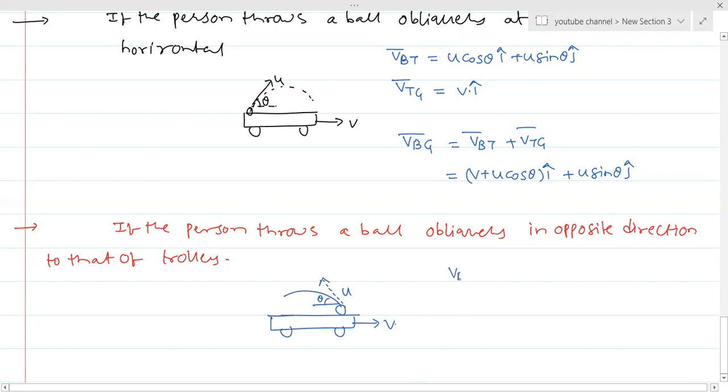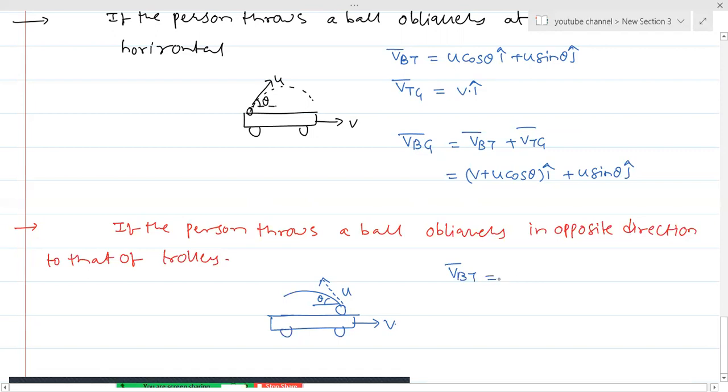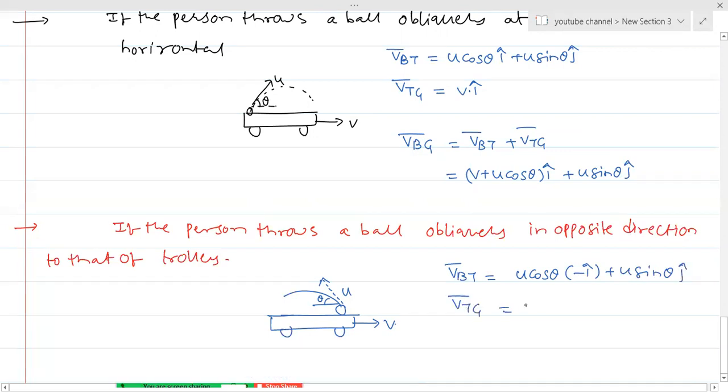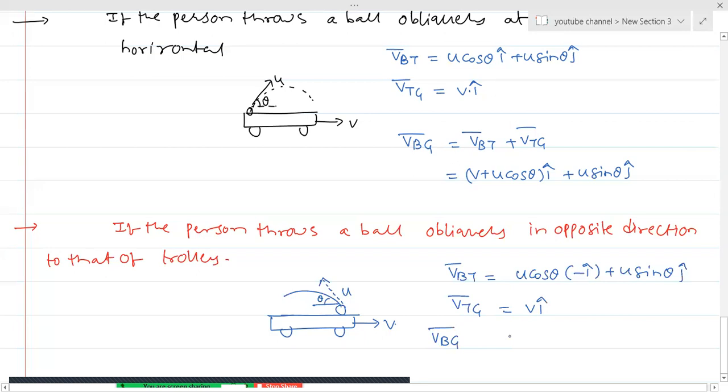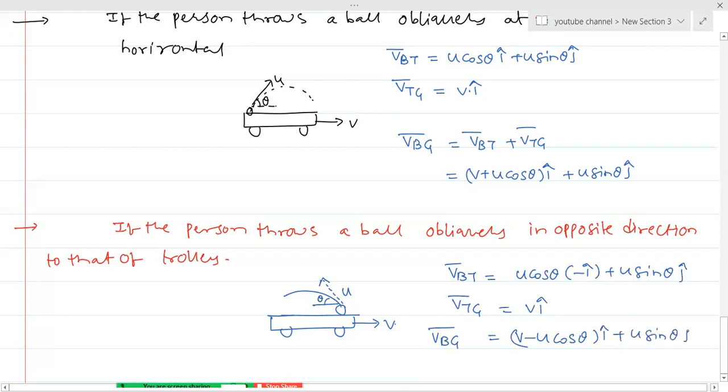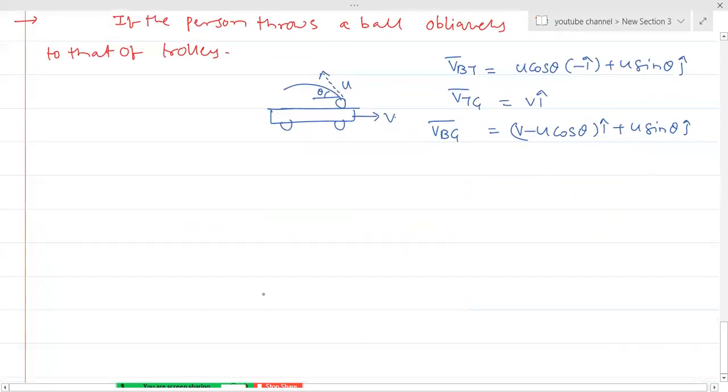So first we will write the velocity of the body with respect to the truck as u cos theta into minus i cap plus u sin theta into j cap, and the velocity of the truck with respect to ground as v into i cap. So the velocity of the ball with respect to ground is simply (v minus u cos theta) into i cap plus u sin theta into j cap.